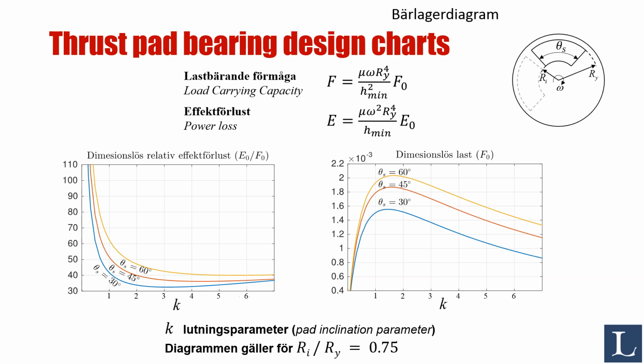If we did it the other way around, so we minimize the power losses and choose the K parameter to be 3, then we would have a slightly lower load carrying capacity. Not a huge difference, but at least somewhat significant.